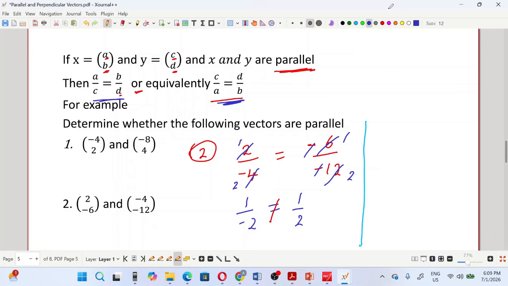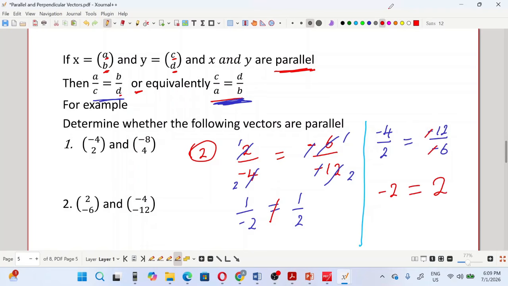Now we are going to use C divided by A. That's going to be negative 4 divided by 2 equal to negative 12 divided by negative 6. So I'm now using this particular formula to see if it's going to be true. Negative 4 divided by 2 is negative 2, equal to, negatives cross, 12 divided by 6 is 2.